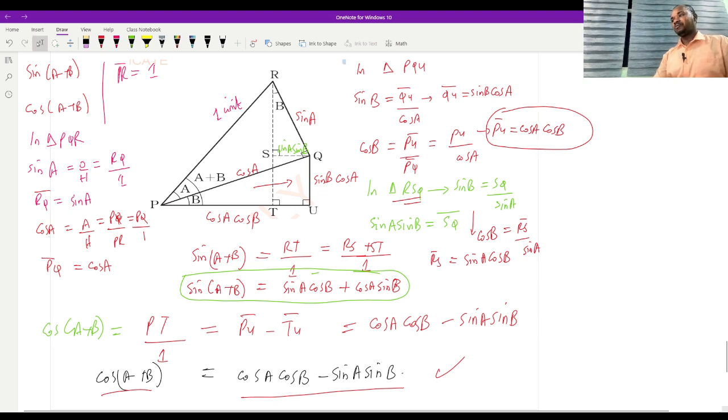So this is one of the sessions where we are sharing different concepts in mathematics, and today we covered the compound angle formula for sine A plus B and cosine A plus B. As I said, in the next video, stay tuned. We are going to cover cosine A minus B and sine A minus B.